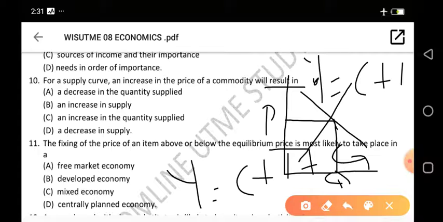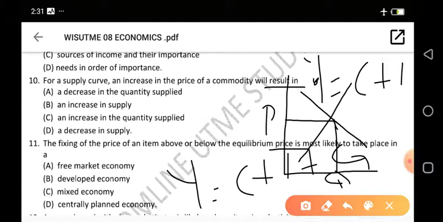Here, government is involved. So the answer to this question, based on this explanation, is C. Indeed government is involved, but in D government is involved more. In C, government is also involved, but with the help of the private sector.